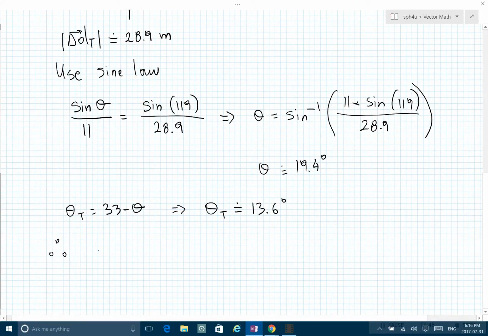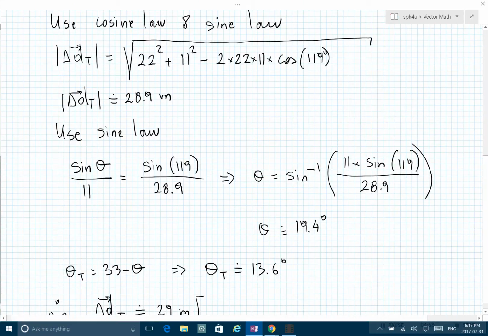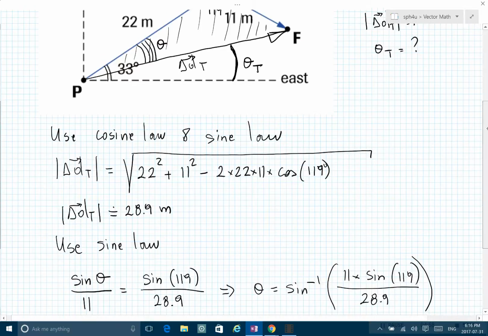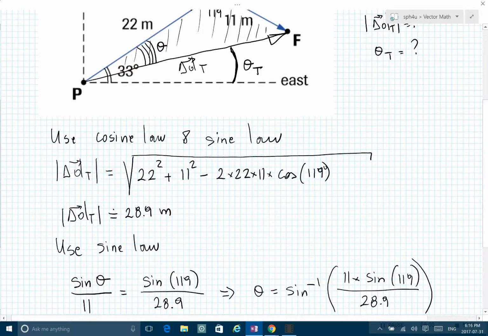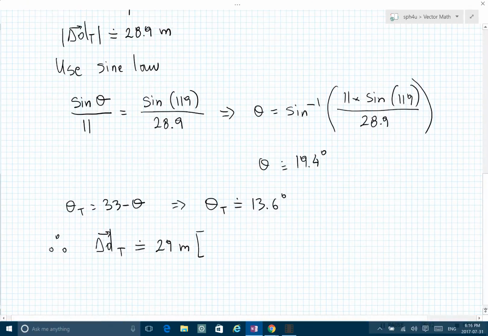Hence our final answer, delta d total, is approximately 29 meters, and now let's look at the direction. The angle that we found, remember, is this one here. So it's east, then 13.6 degrees north.